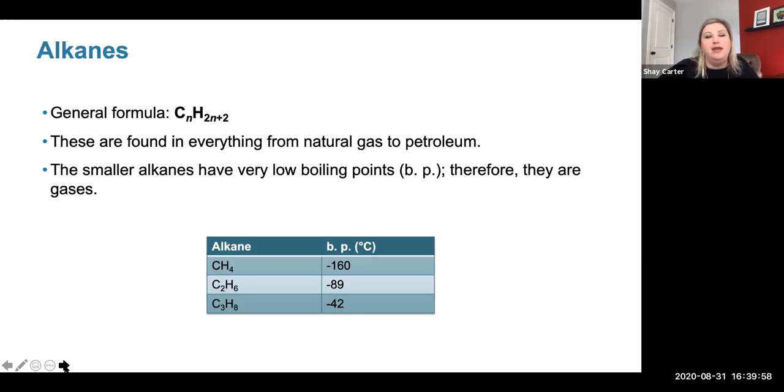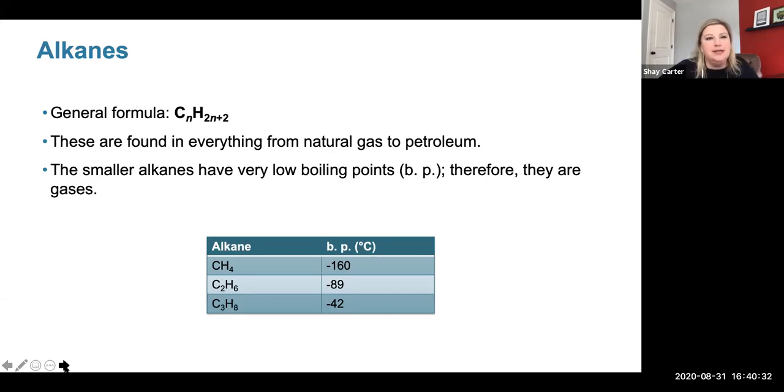So if we have an alkane, a regular alkane, not a cycloalkane, and it has one carbon, then the number of hydrogens is 2n plus 2, okay? So 2 times 1 is 2 plus 2 is 4. So if we have a compound that only has one carbon, we should have 4 hydrogens with it if it's a straight, just regular alkane.